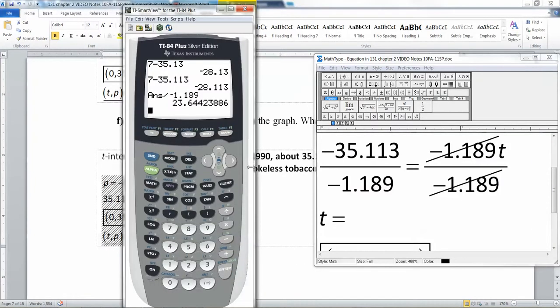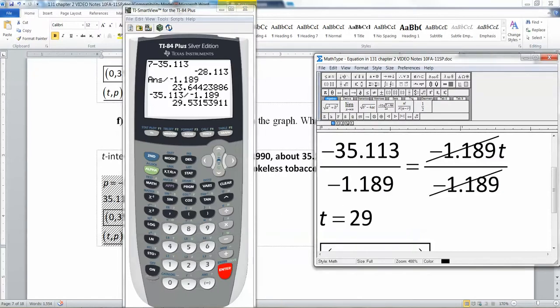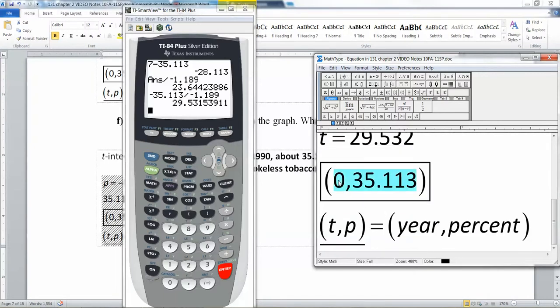Make sure you use the little negative symbol down here at the bottom. 35.113 divided by negative 1.189. Enter. There you go. 29.532 if we round. Okay, so 29.532 comma 0.